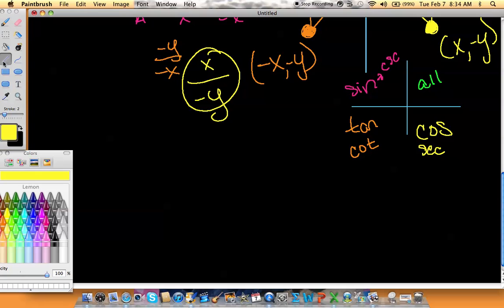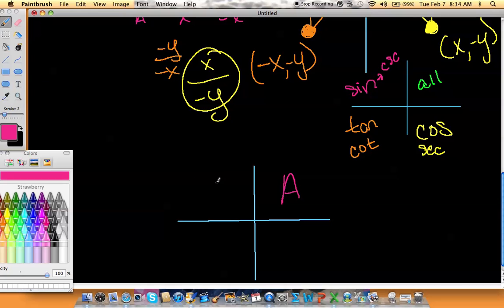In quadrant 2, only the sine is positive and its reciprocal cosecant. In quadrant 3, only the tangent is positive and its reciprocal cotangent. And in quadrant 4, the cosine is positive and its reciprocal secant. So we have a little acronym for this. We call this acronym All Students Take Calculus.